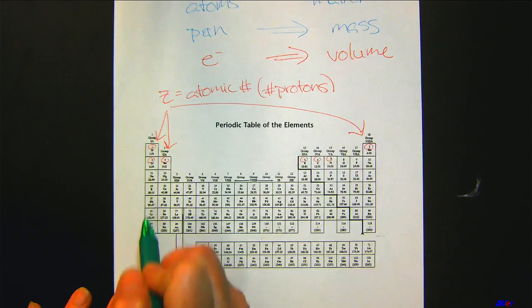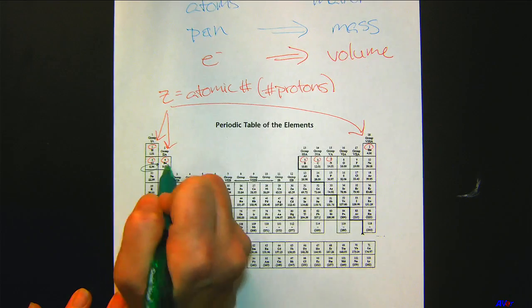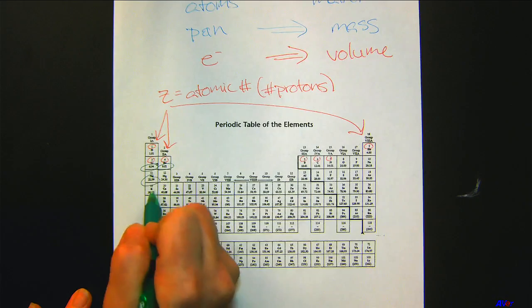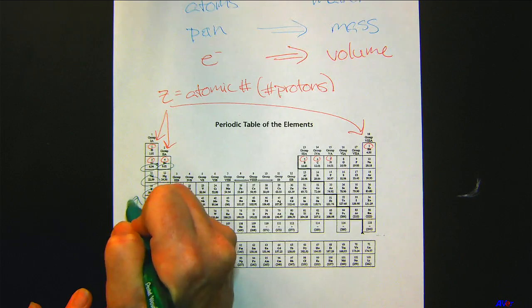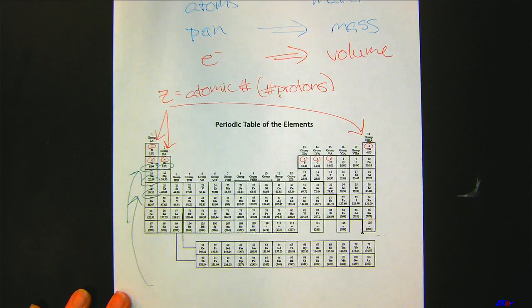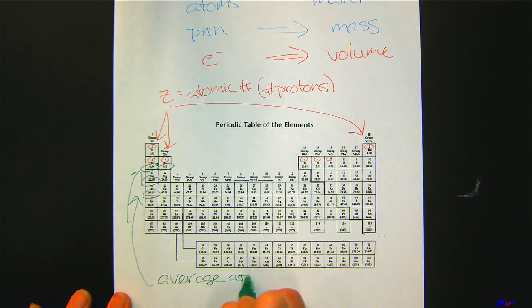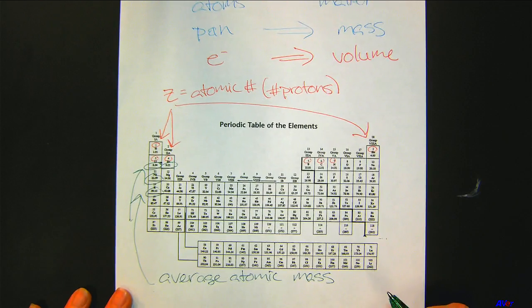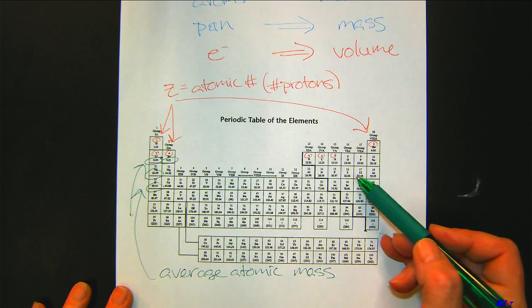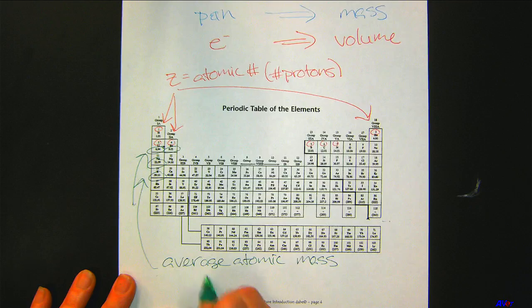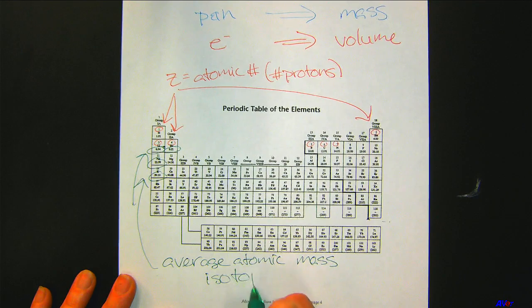Now we have all the symbols. Underneath, I know this is very hard to see, but you have your copy that you're working with, we have all of these numbers down below, and they're not really whole numbers. What are these? These are the average atomic mass of each element. The reason they're not whole numbers is that we have isotopes, and the isotopes occur in different amounts.